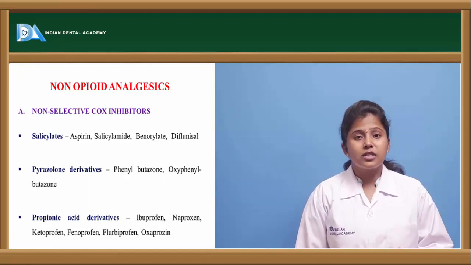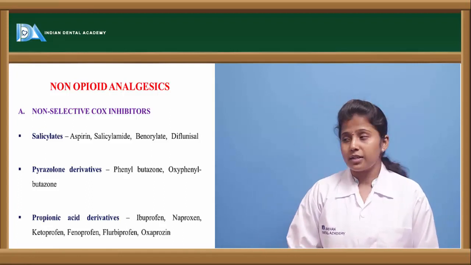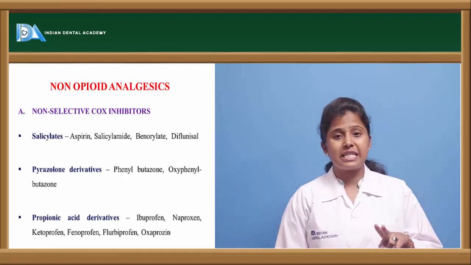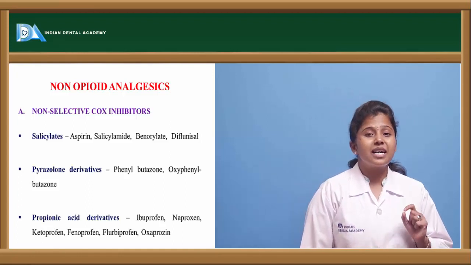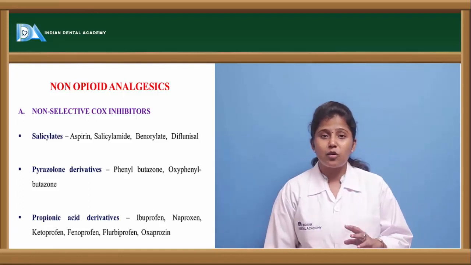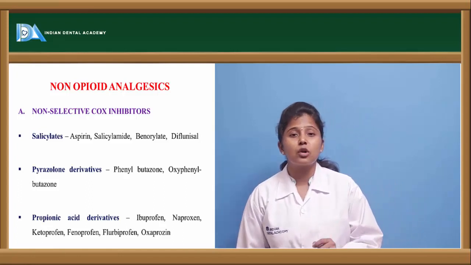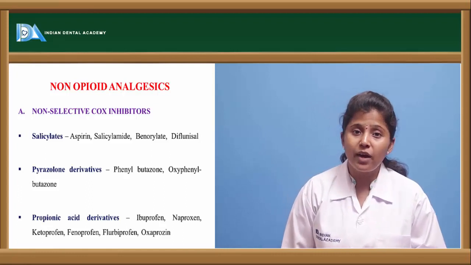There are two types of COX enzymes, COX-1 as well as COX-2. COX-1 is the enzyme which is present in the body, while COX-2 is released into the body if there are inflammatory reactions occurring. So this is a temporary type of enzyme.